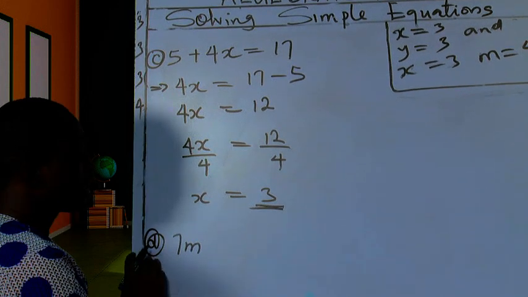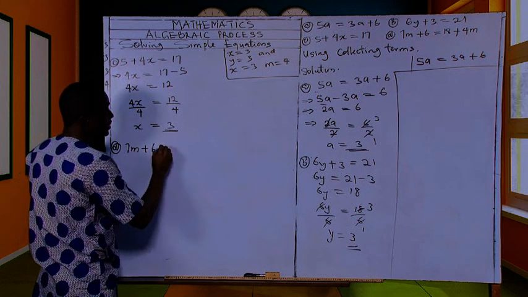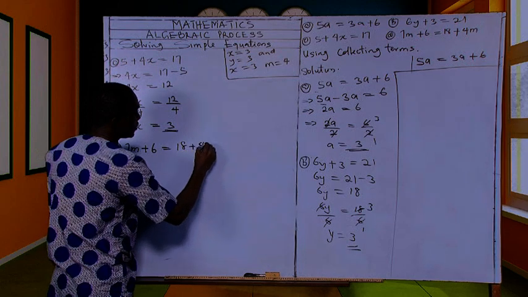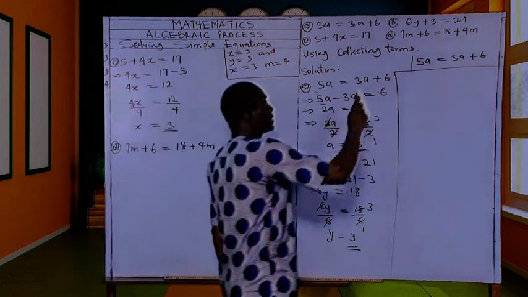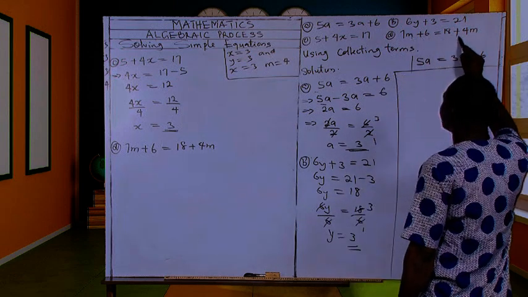Okay, now for question letter D: 7m plus 6 equals 18 plus 4m. Okay, this is it. 7m plus 6 equals 18 plus 4m.